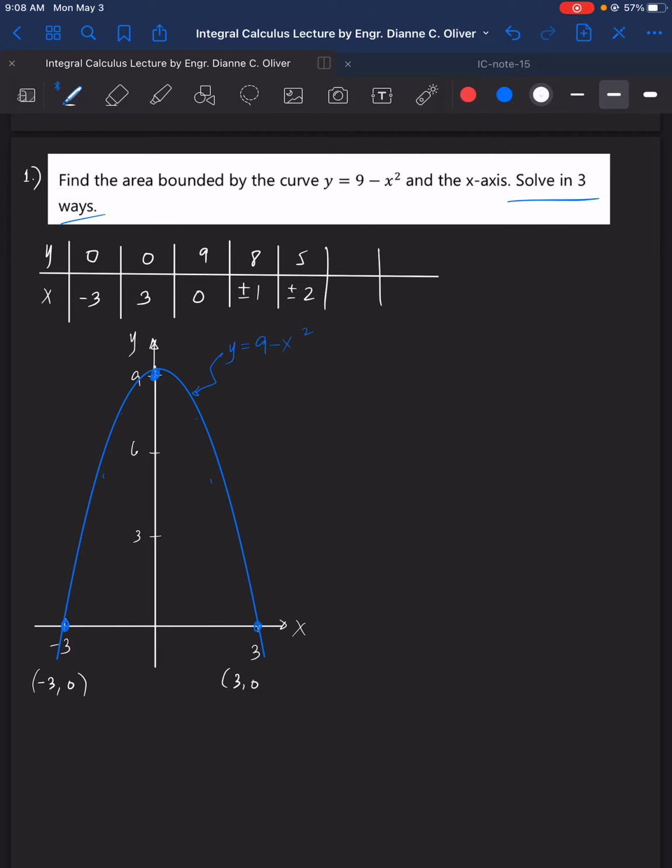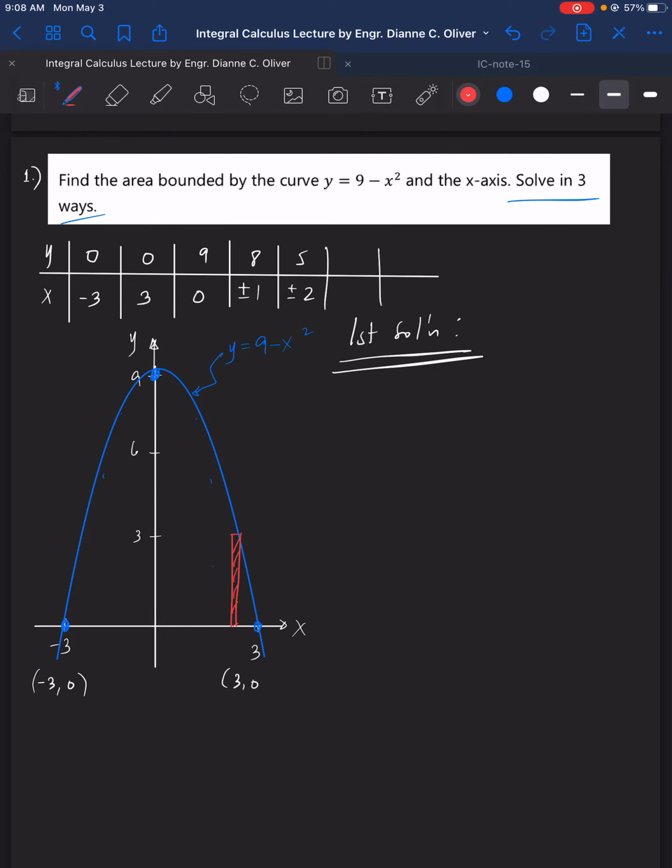For the first solution, let's use the vertical area strip. If we want to use the vertical area strip, it should be touching the curve.